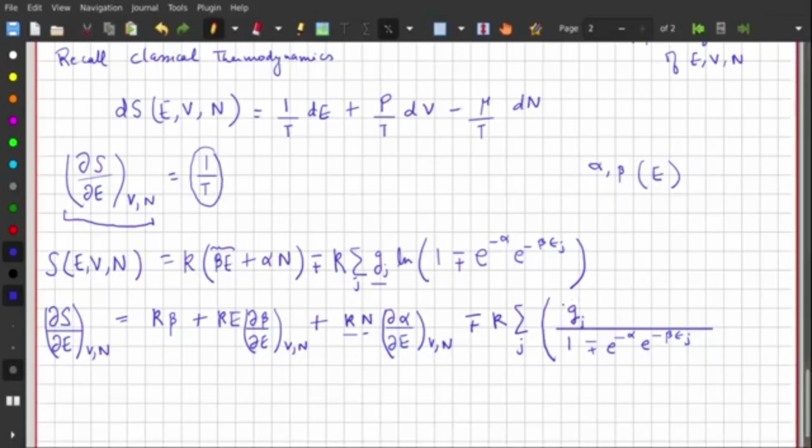And then we need to differentiate this entire term, which is e to the power minus alpha times e to the power minus beta epsilon j, which is itself. That's the same thing.